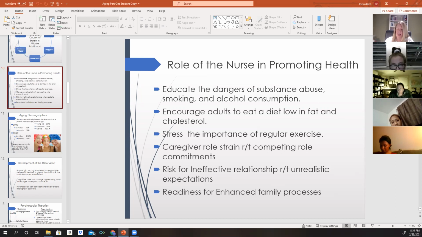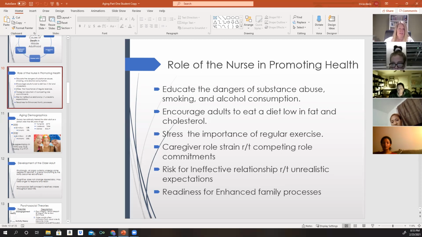What do I mean by regular exercise? We want you to work out 3 times a week, at least 30 to 45 minutes a day at the minimum. We want to talk about caregiver role strain, which would be related to role commitments, trying to manage those teenagers and take care of your ailing older parents.